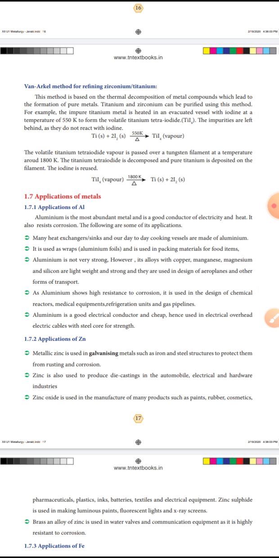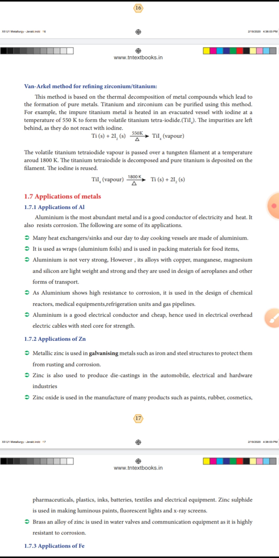Aluminum is not very strong, but its alloys with copper, manganese, magnesium and silicon are lightweight and strong. These aluminum alloys are used to design aeroplanes and other forms of transport.